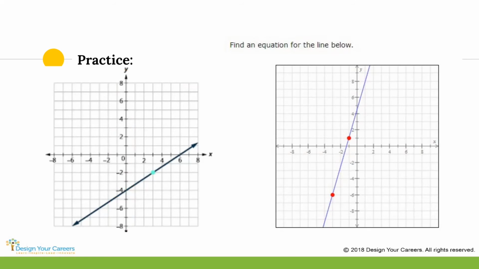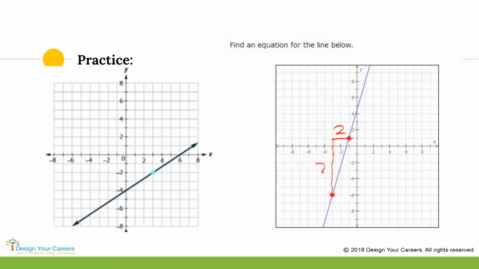Let's try the next one. The first thing we should do is find the slope. I can pick these points over here, or I can pick any other points. I'm just going to use these points because they're bright red. We're rising 1, 2, 3, 4, 5, 6, 7, and we are running 1, 2, so 7 over 2.